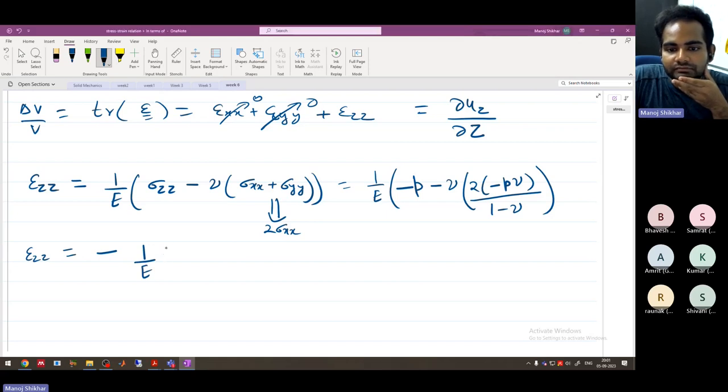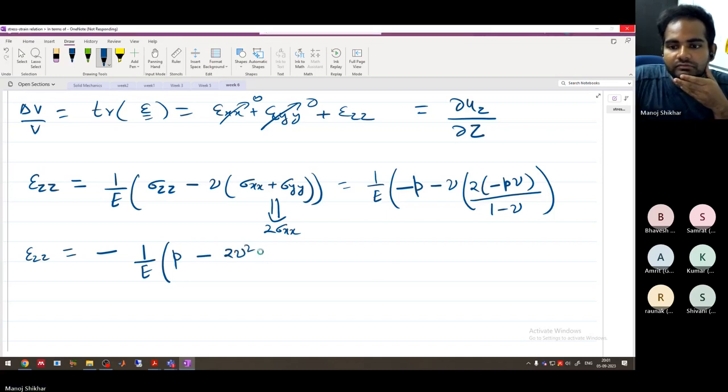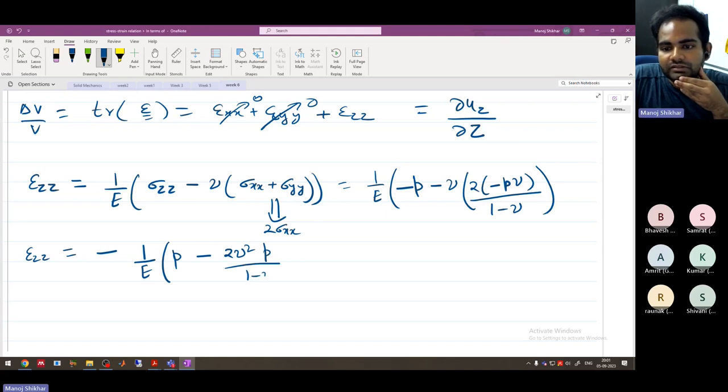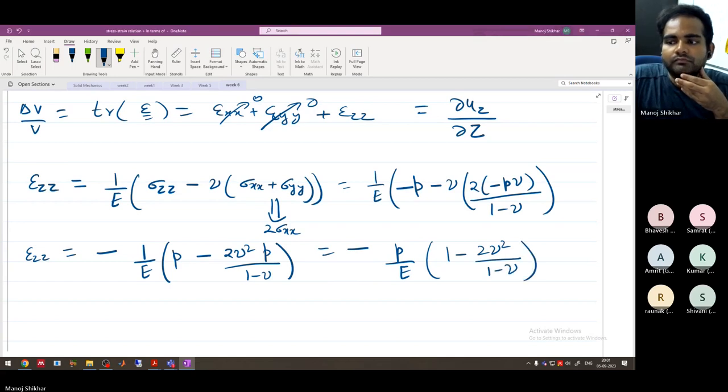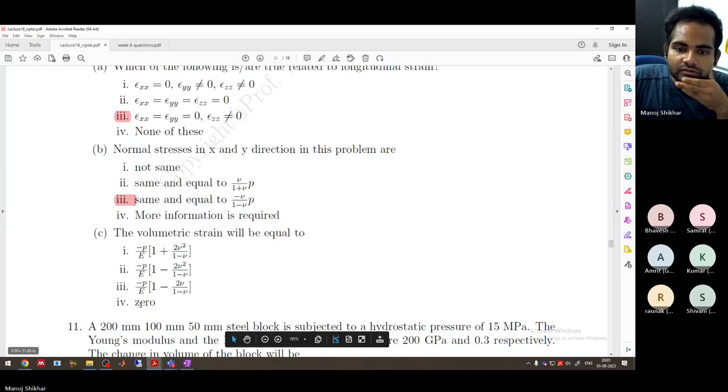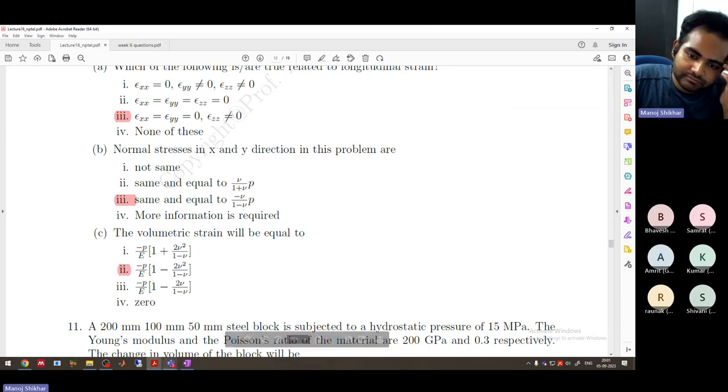Minus 1 by E, p minus 2 nu square p by 1 minus nu. Okay, so let's see if we have any option with this. So we have option number 2 here. So this is the correct answer for C.